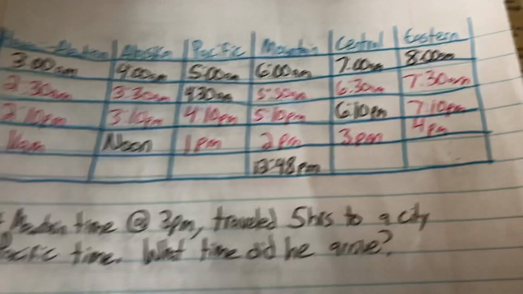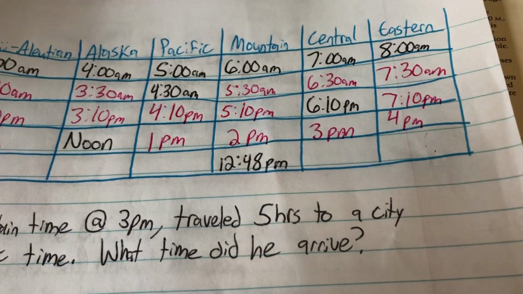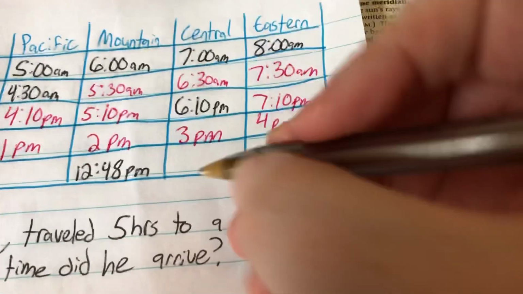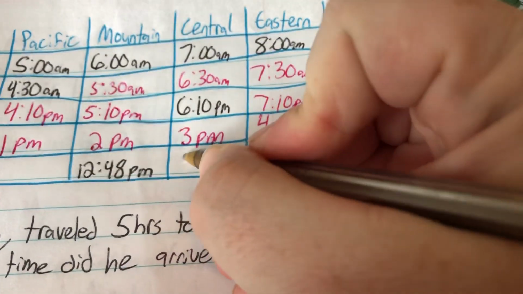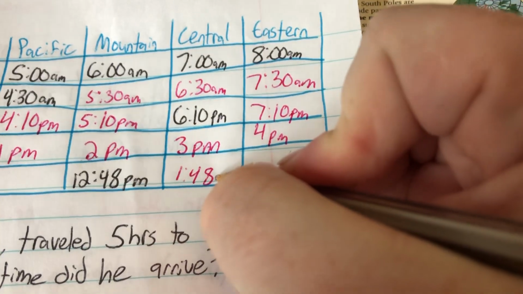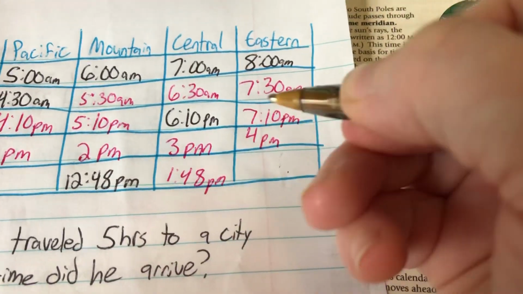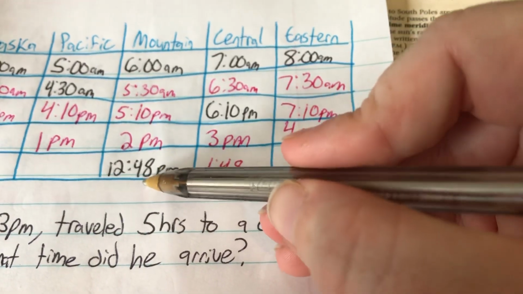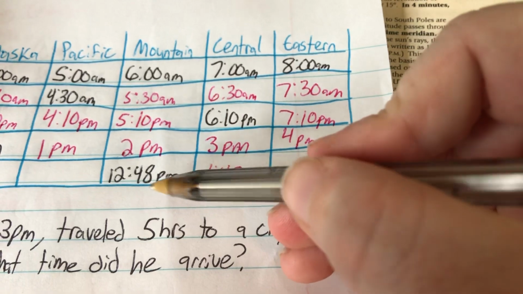Okay, for E, it gives us a mountain time of 12:48 p.m. So if we're going to the right, we go up an hour. So Central Time will be 1:48 p.m. p.m. is in the afternoon. So if this were 1:48 a.m., that'd be midnight. This is around noon.